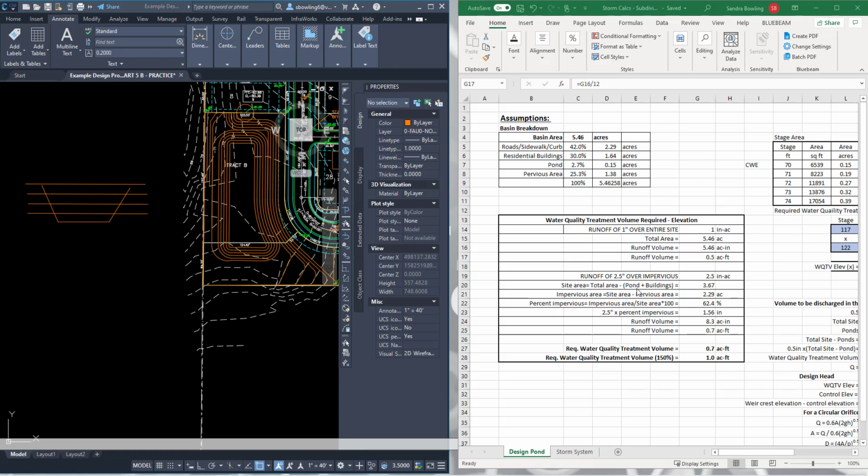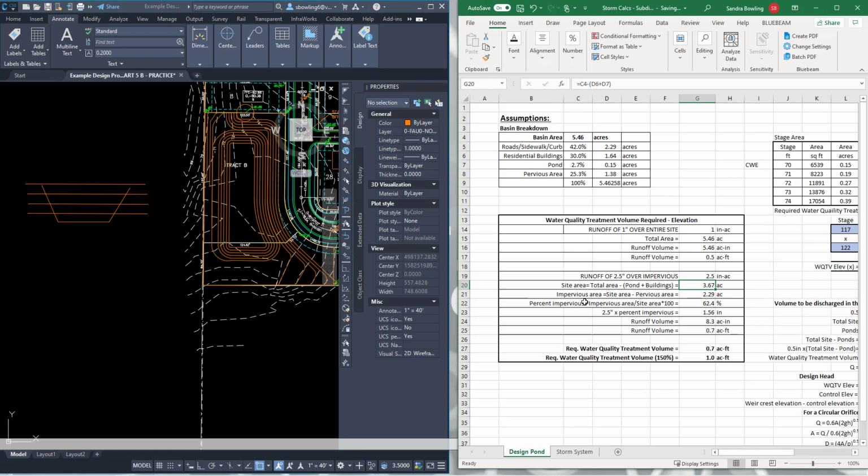In ponds, because the surface is just water, there's no water quality required. No contaminants that need to be treated for. All right, so it's going to take the total area, minus the pond plus the residential building area.